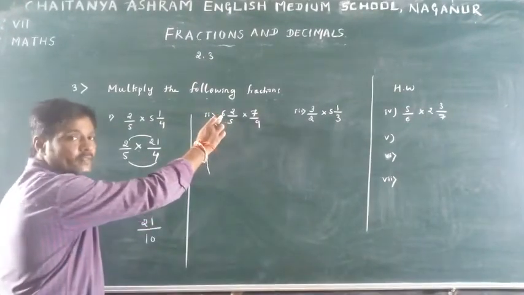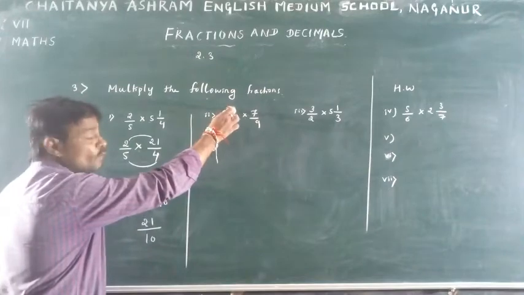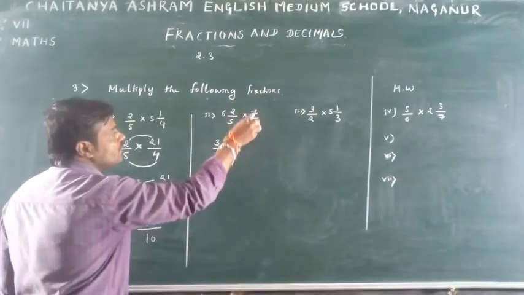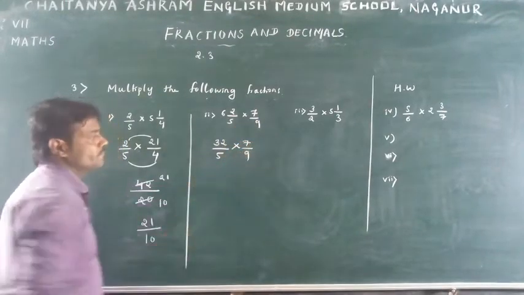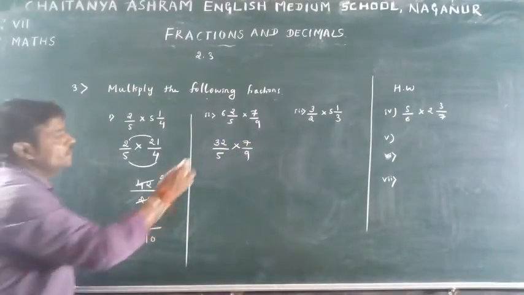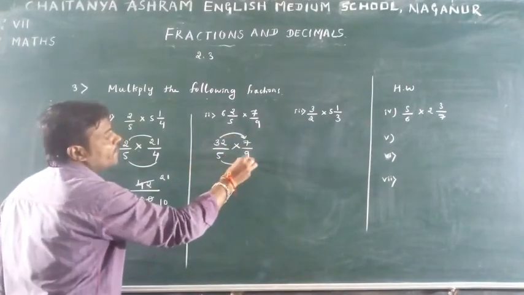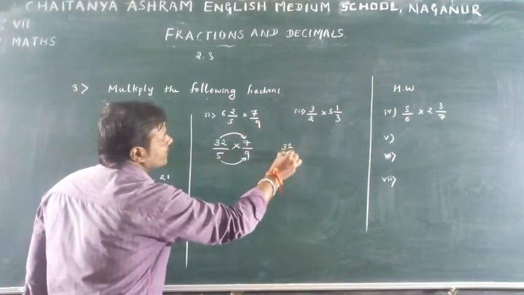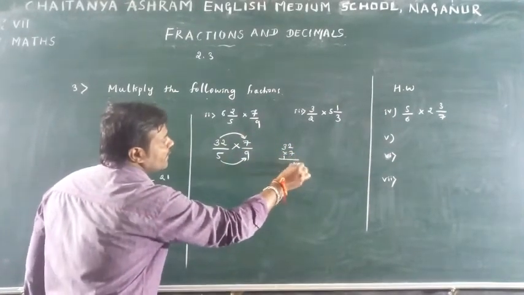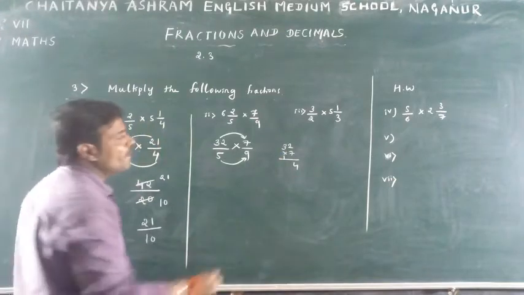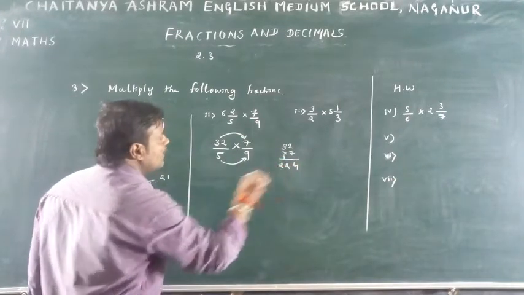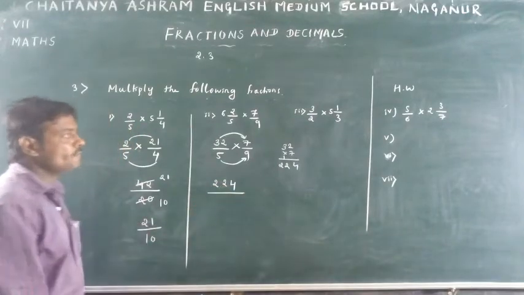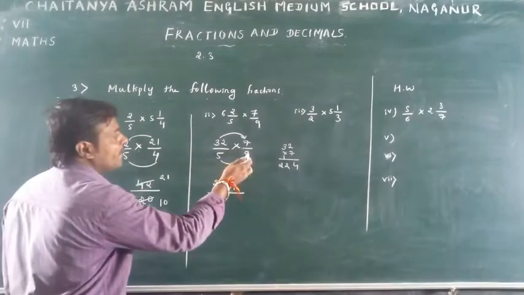5 6s are 30, 30 plus 2, 32 by 5 into 7 by 9. Okay. Multiply numerator to numerator, denominator to denominator. 32 into 7. What is the product? 7 2s are 14. 7 3s are 21 plus 1, 22. 224 divided by 5 9s, how much?